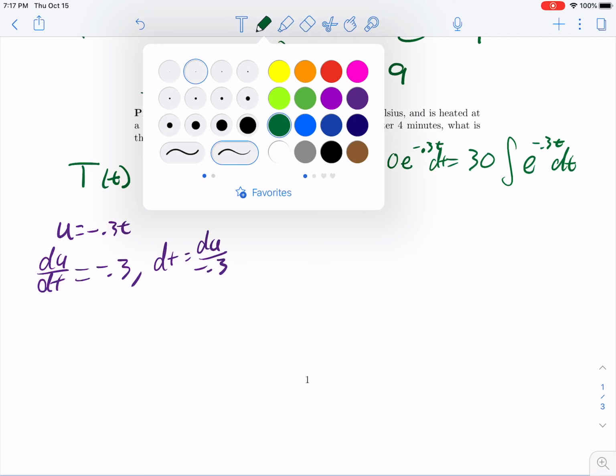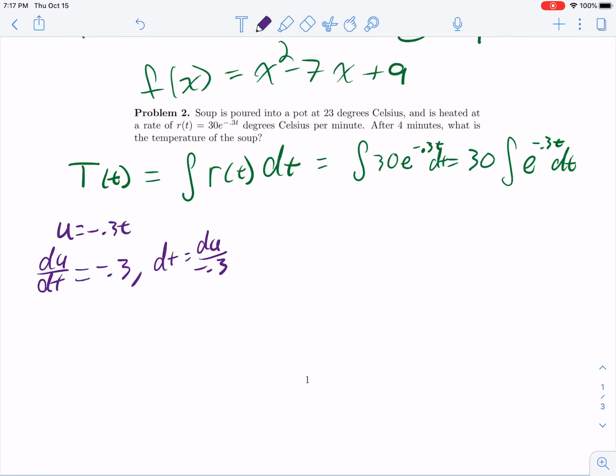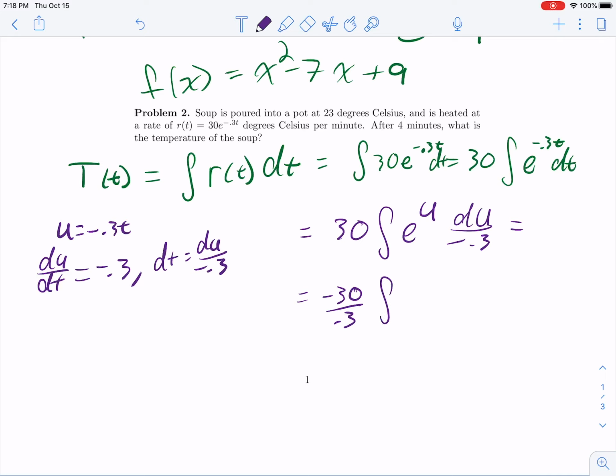All right, now make our substitution. I get 30 times the integral of e to the u du over negative 0.3, which is equal to, if I bring the negative out, let's just write it, negative 30 over 0.3 times the integral of e to the u du.